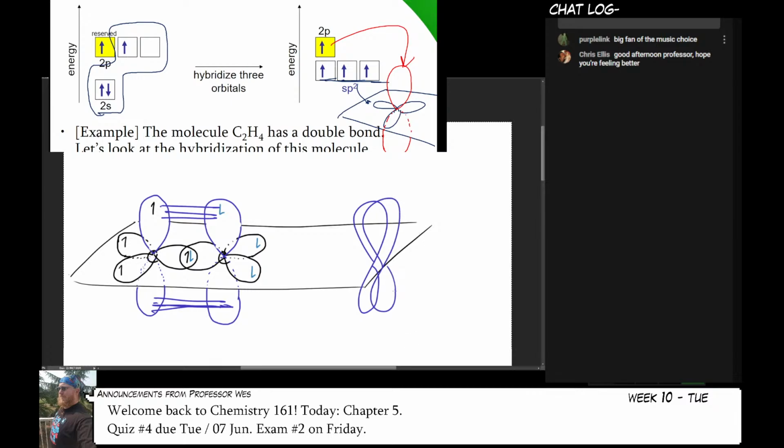And it's very hard to then show the sp2 orbital in the middle there. All right, so we've got overlap there. So there's our pi bond. This is our sigma bond.